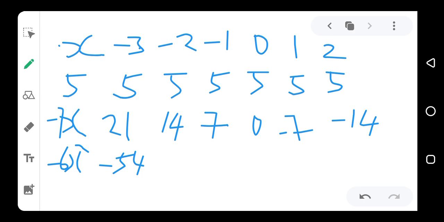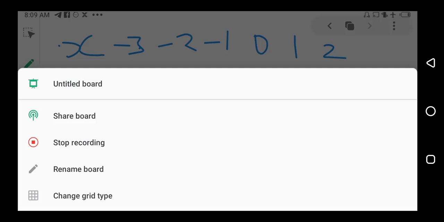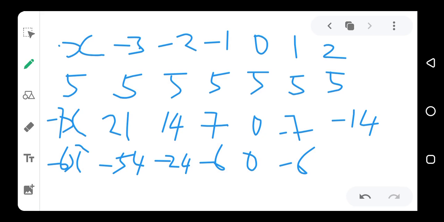This one will give us minus 24, then minus 6, then 0, then minus 6, then minus 6, then minus 24.